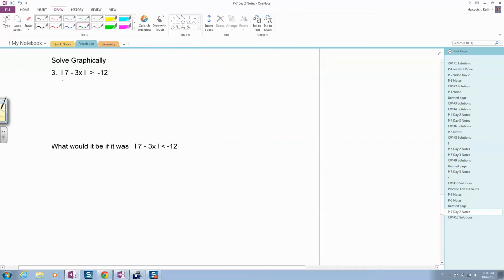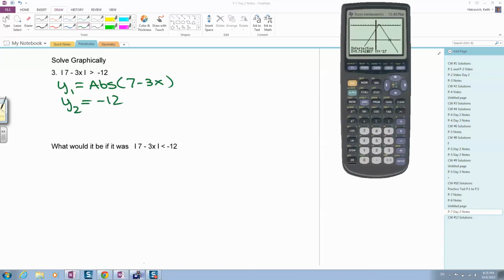Next one, your y sub 1 is the absolute value of 7 minus 3x. Your y sub 2 is equal to negative 12. Type it in your calculator. So you go math, number, 7 minus 3x. Then you get negative 12. So you go zoom 6.